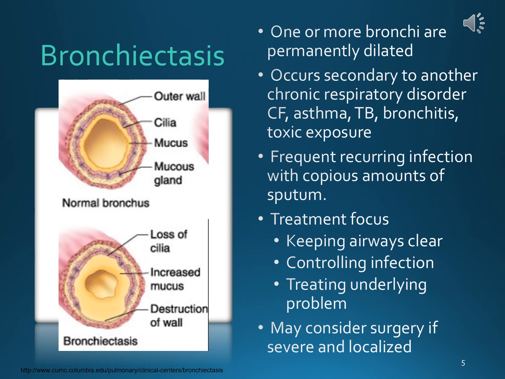I'm including bronchiectasis in this presentation, not because it's common, but because it's something that you may see in the respiratory patients that you'll be seeing at Kindred. This is a chronic condition, and it's when one or more bronchi are permanently dilated. It can be localized in one bronchus or it can be spread throughout the lungs.